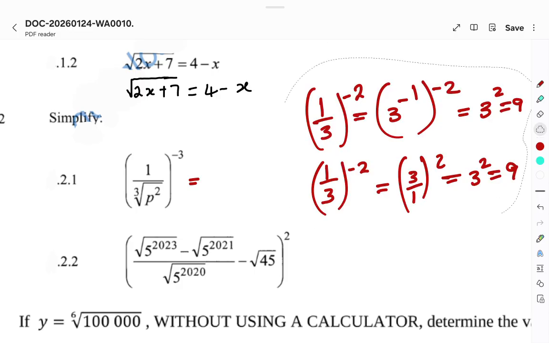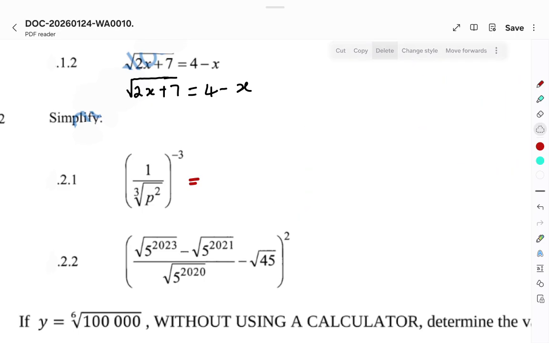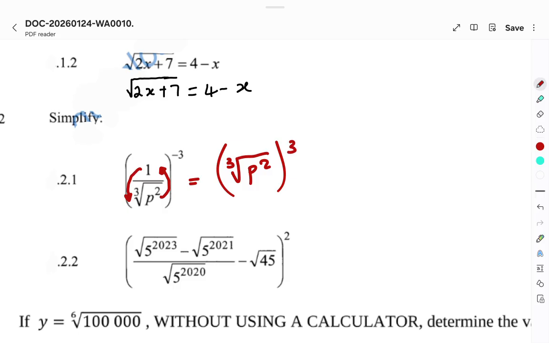We'll use the same understanding to say the following. We have the 1, we're just going to bring it down, take it to the numerator. So you'll see that it would become the square root of p squared, and it would be raised to the power of positive 3 now.